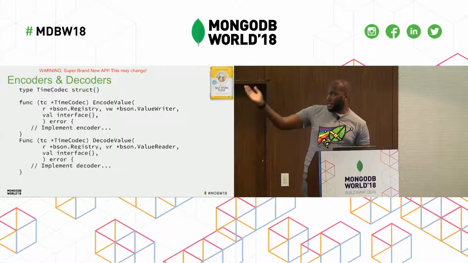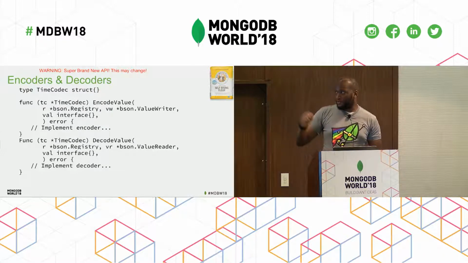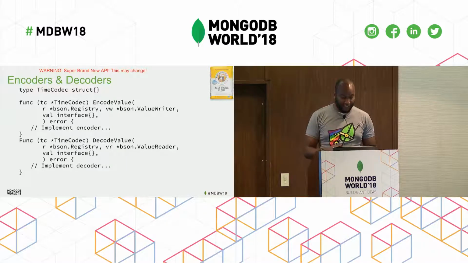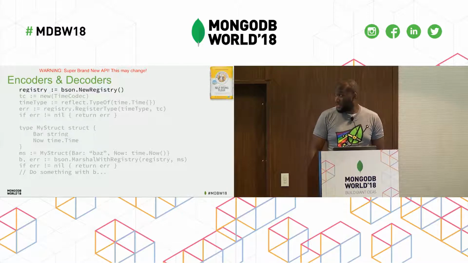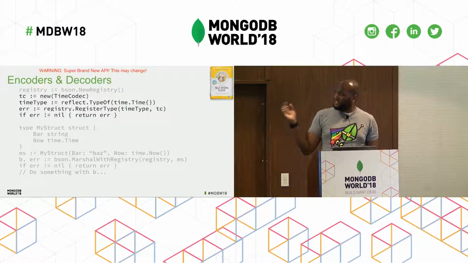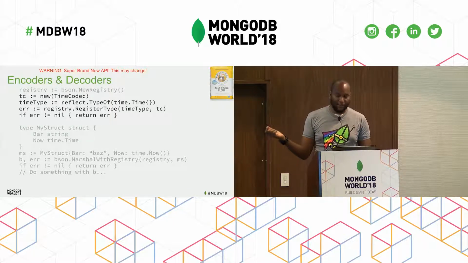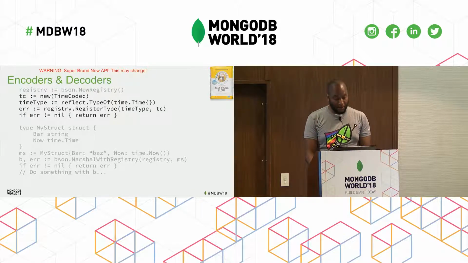It's just a type that can have properties if you want, but you say, hey, when you get to it, use this thing to encode and use this thing to decode. A quick example of that is here. We make this new thing called a registry. We make our new time codec, and then we use the reflection package to get the type of time.Time. You don't necessarily have to do this. You could also just pass us time.Time, and we would figure it out. And then you register the type.